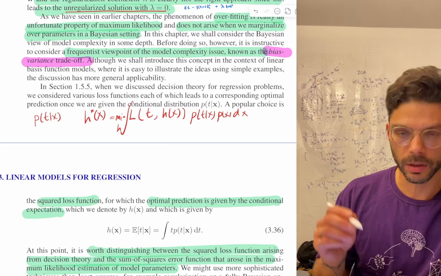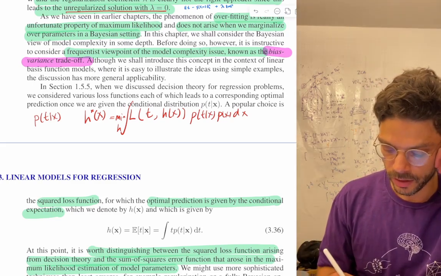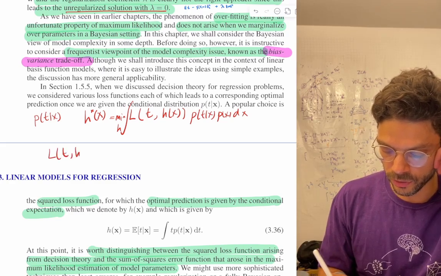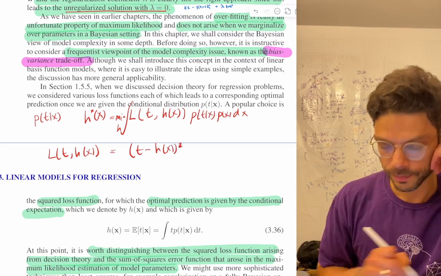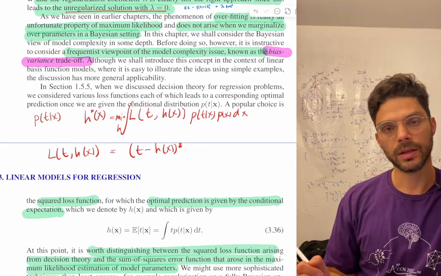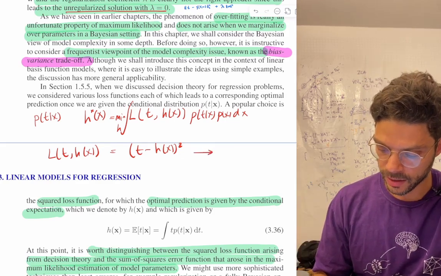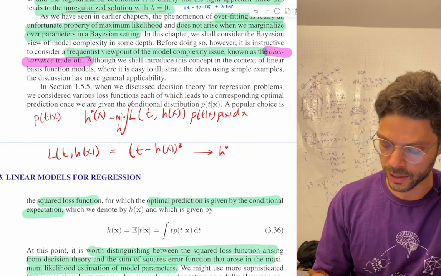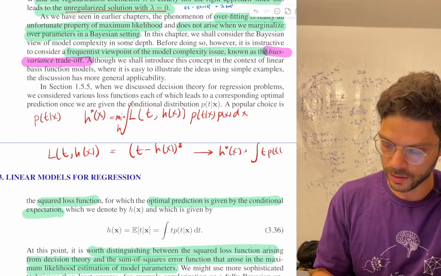A particularly useful, mathematically easy case to consider is the one where we're using the squared loss. And we found that if that is the loss that we're going to use, then our optimal thing, which is called h(x) below, is actually to report the conditional mean.